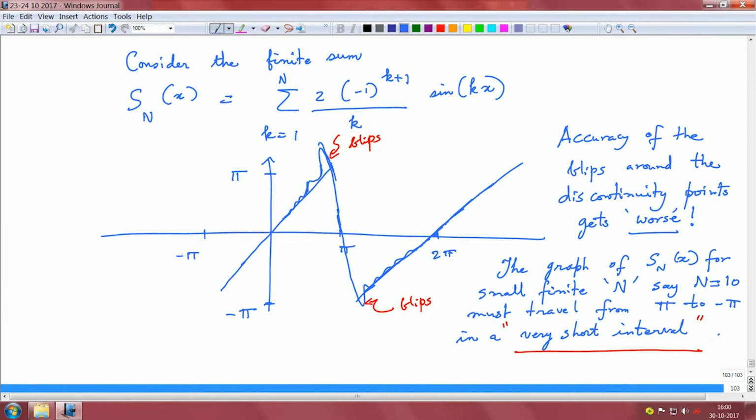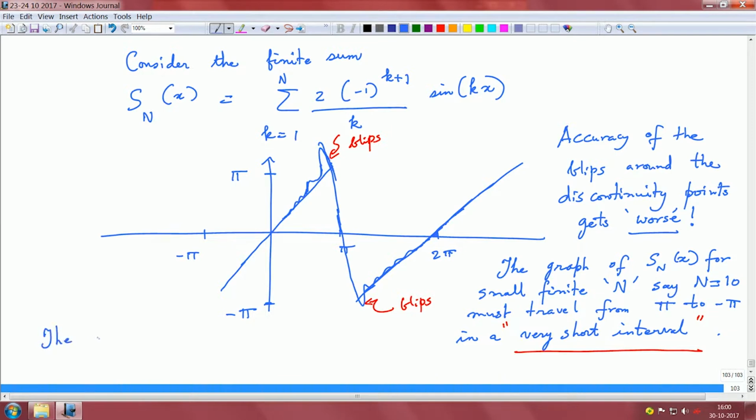So, this is something like, imagine you have a very small orifice and you just have to go through that point of discontinuity, right.